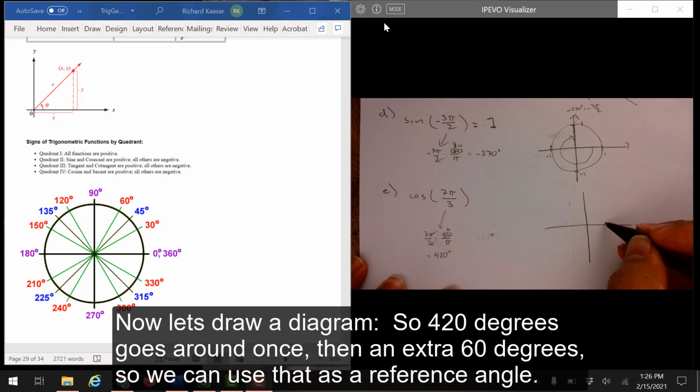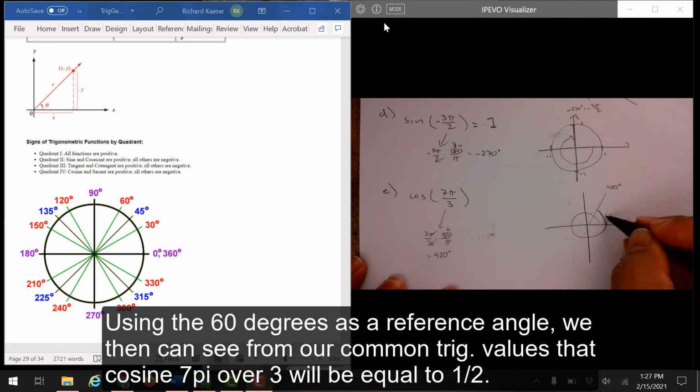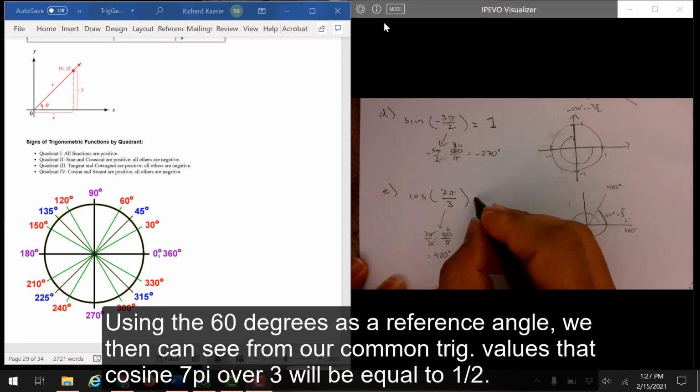So 420 degrees goes around once, then an extra 60 degrees, so we can use that as a reference angle. Using the 60 degrees as a reference angle, we then can see from our common trig values that cosine 7 pi over 3 will be equal to 1/2.